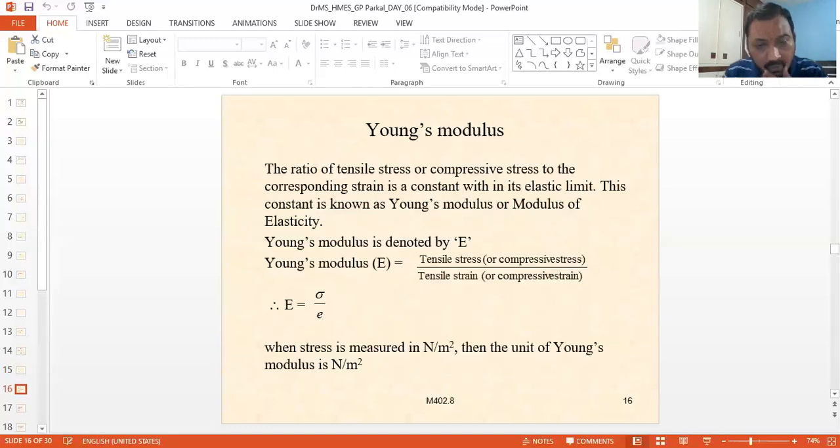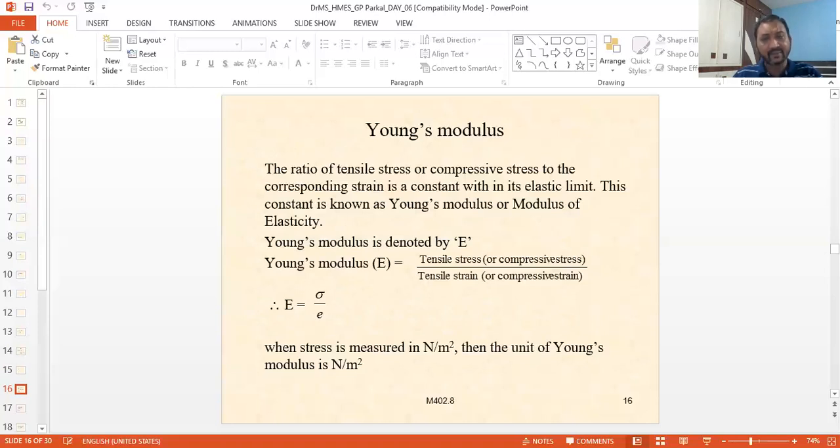Now the next one: here we have three moduli of elasticity. One is the Young's modulus, next the shear modulus, and the bulk modulus. We'll discuss them one by one. The first one is the Young's modulus.